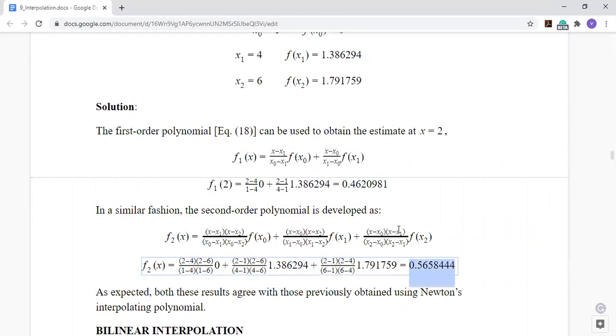If you compare your results with the first method, Newton's divided difference polynomial, for the linear polynomial in the first method and the second order polynomial in the second method, you will see that the results are the same thing.